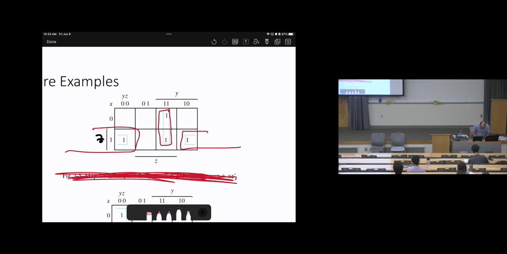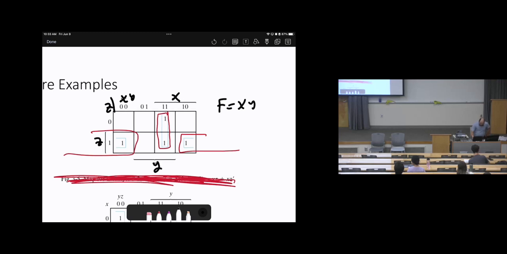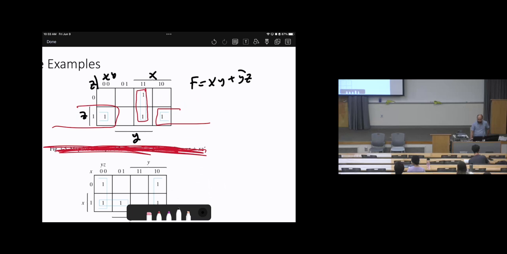Here is z, here is xy, so here is x, here is y. So as a result, this function will be, since the first circle is between x and y, then the second one between z, y bar z. Okay? So that's fine. We can group at the edges. It can be okay. So keep this in mind.